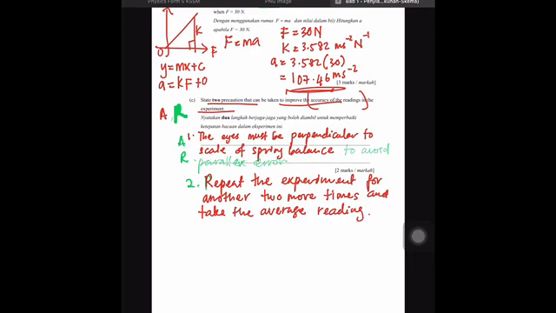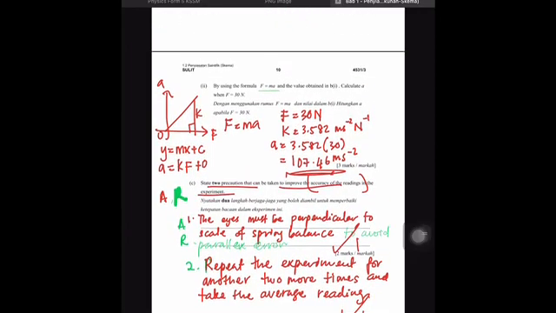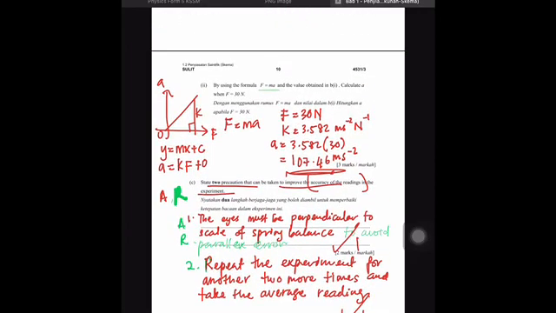So this is another mark. So 1 mark, 2 marks. So clear? That is how you are going to answer this question. Okay, clear or not?